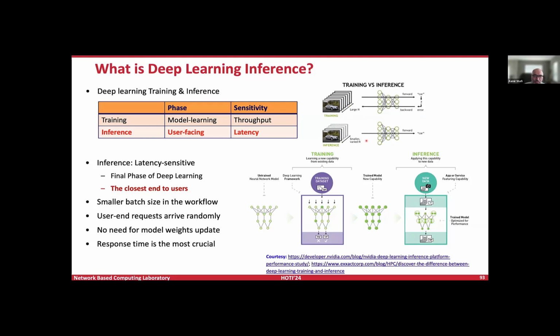But in inference, the model is a static entity. We are not updating the model weights. It has gone through all the rigorous testing and is giving acceptable performance. So whatever model we have, we simply engage in forward propagation. Again, response time, how fast we get back to the user, is going to be the most critical thing.